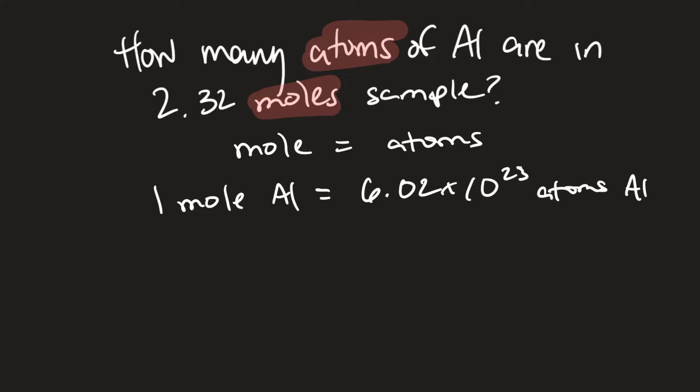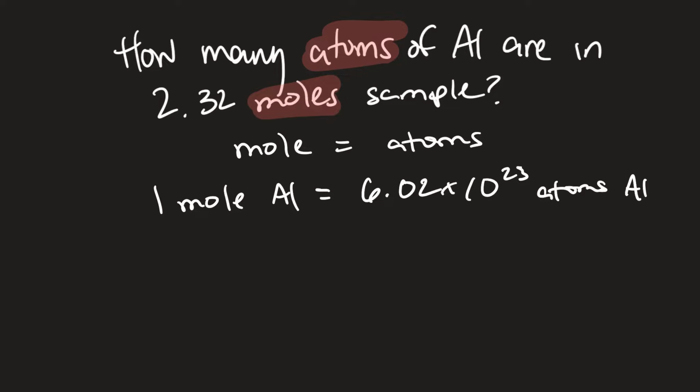All right, and this is true with any substance. Remember, mole is a counting unit, all right? So if you have a pair of something, it's always 2. If you have a trio, it's always 3. If you have a mole of something, you always have 6.02 times 10 to the 23rd. All right. And so in this case, I'm asking how many atoms of aluminum do I have in 2.32 moles?